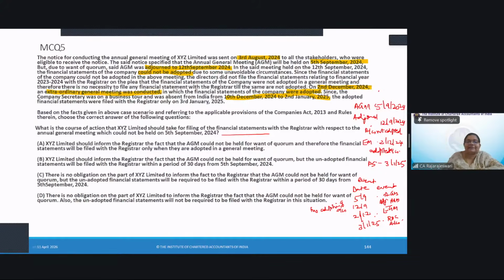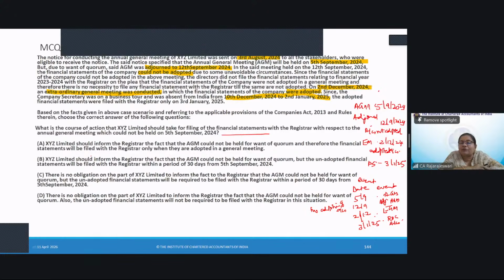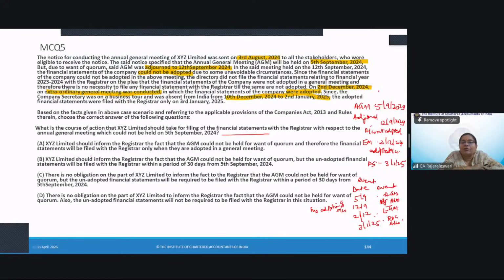Now the question is, what course of action should XYZ Limited take for filing of the financial statements with respect to the annual general meeting which could not be held on 5th September 2024. Option A: XYZ Limited should inform the registrar that the AGM could not be held for want of quorum and therefore the financial statements will be filed with the registrar only when they are adopted in a general meeting.